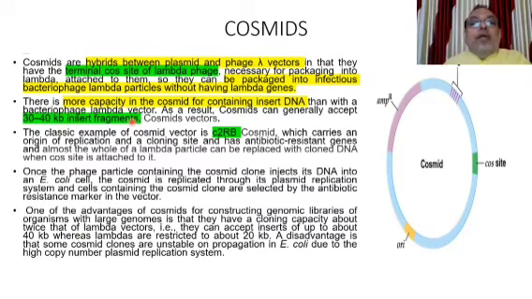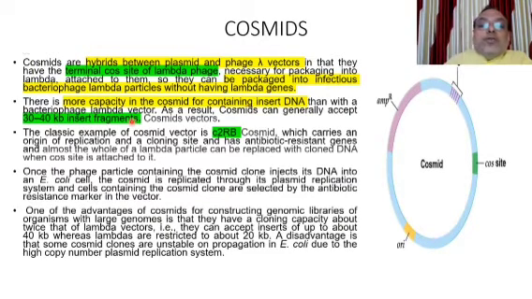So when we integrate this cos site into a plasmid, this plasmid will act as a cosmid. A plasmid having a cos site, and this cos site will impart lambda-like characteristics to that plasmid. So that plasmid with integrated DNA can assemble as a lambda phage and multiply as a lambda phage and infect another bacterium as lambda phage does in the natural case.